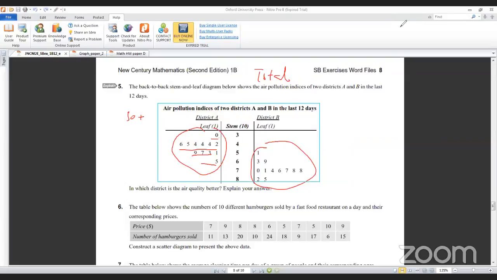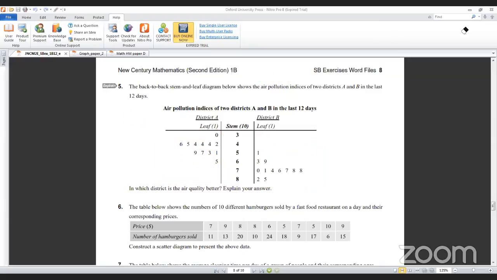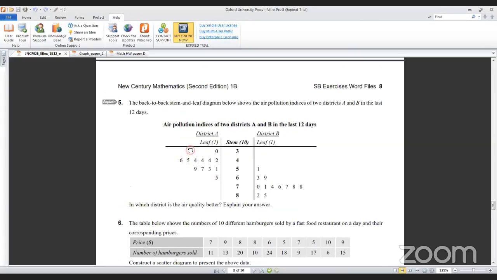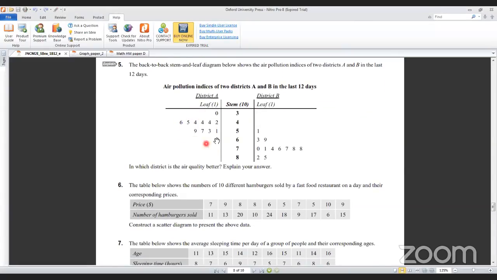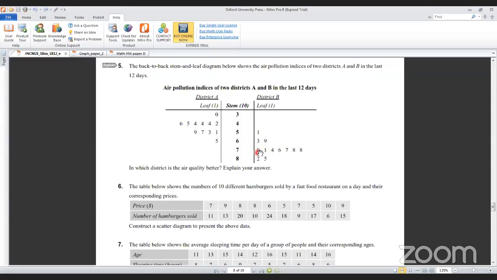If you just look at the diagram, we can see that for district A, most of the index values are smaller. For this one, most of them have bigger values, 70 something.